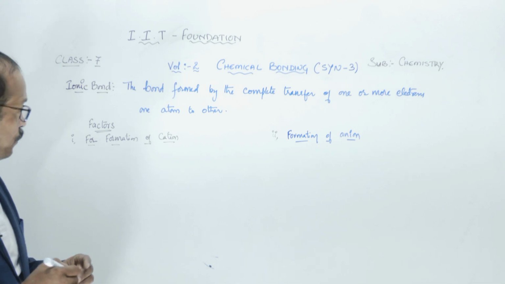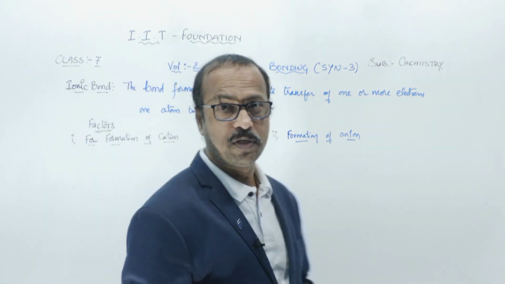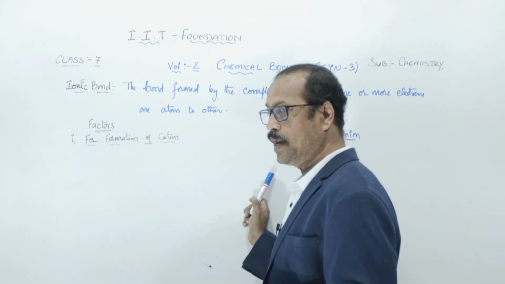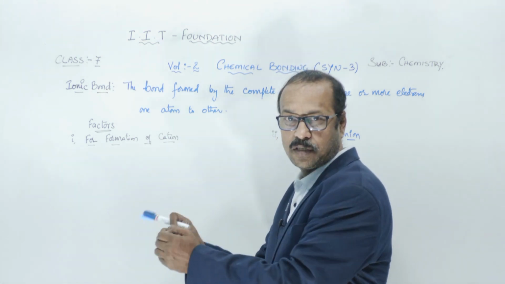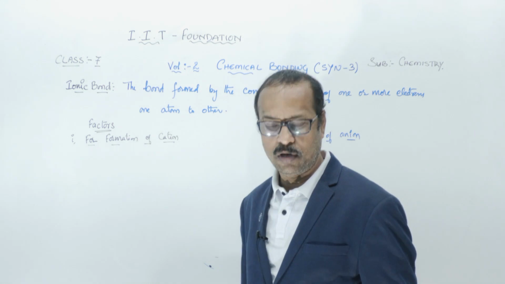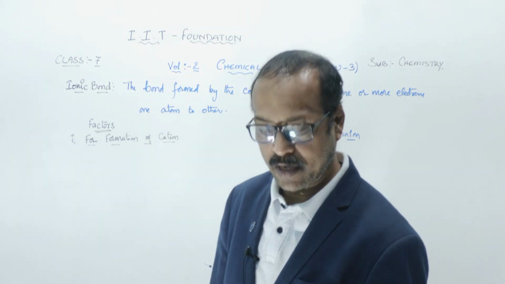So these are the factors we are discussing, for the formation of cation and the formation of anion, and combined they are the factors for the formation of the ionic bond. That's all, because the ionic bond is formed between cation and anion.